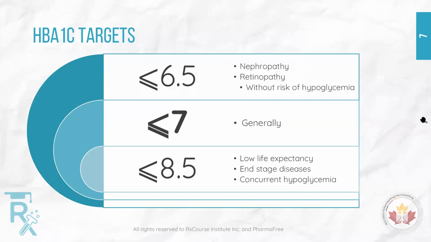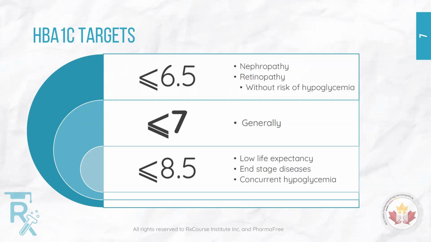Okay. Then what are the HbA1c targets? Generally, it has to be 7 or less. This is a general rule. However, if the patient has nephropathy or retinopathy, it means that we need to take the glucose level to a lower level to decrease the chances of progression of nephropathy and retinopathy.